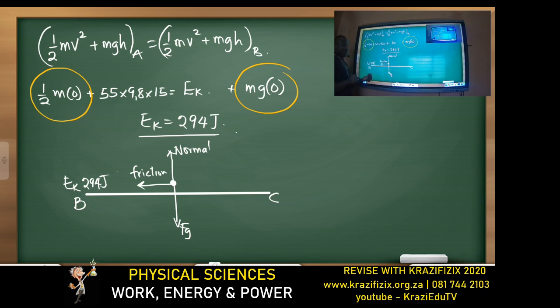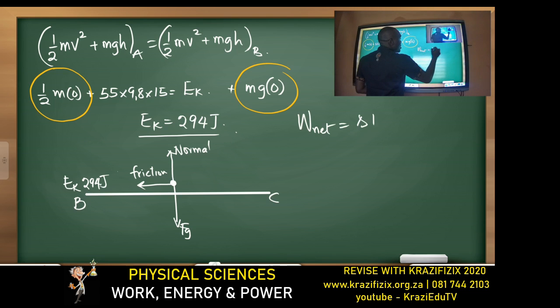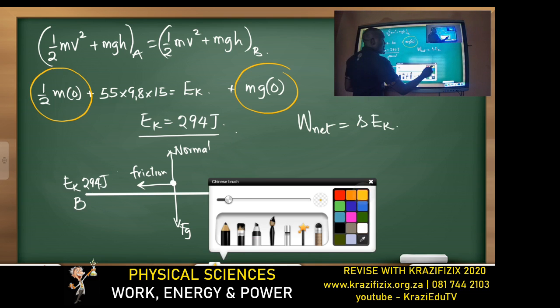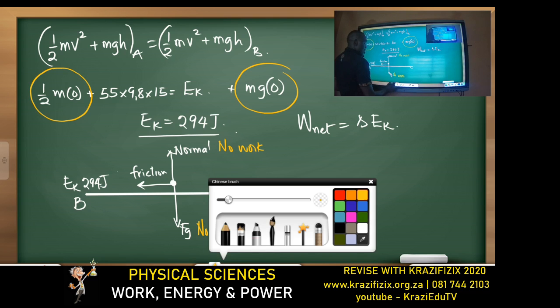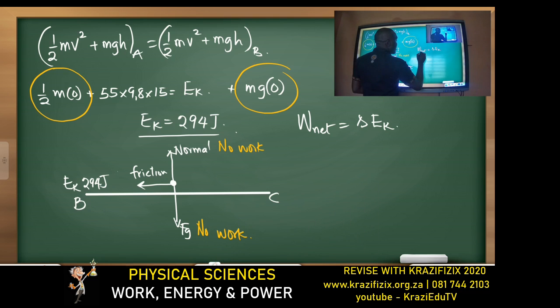The only force acting here would be friction, which opposes the direction of motion. So I can say my net work is equal to the change in kinetic energy. The only force that is doing work, remember, no work here, no work here, will be friction. So I can say frictional force multiplied by delta x cos theta, because the only one doing work is friction.